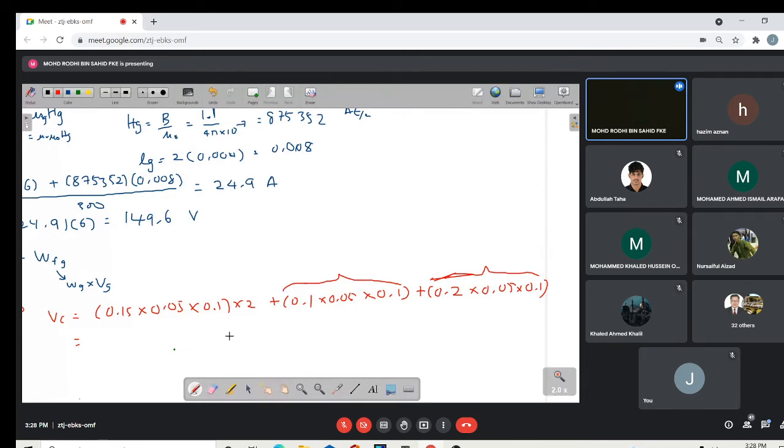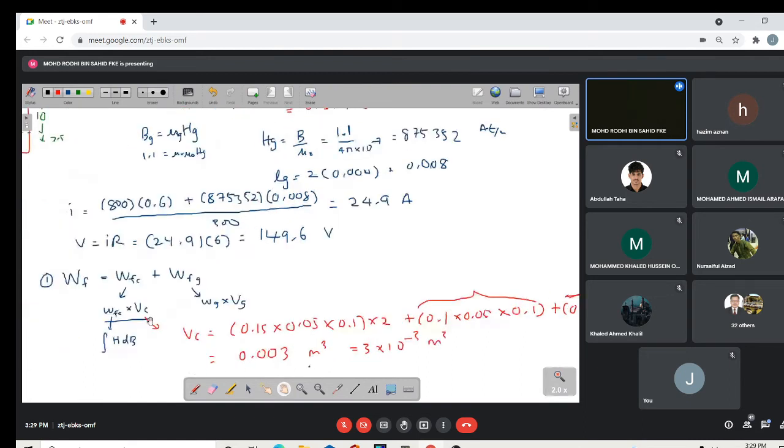Hello? 0.003 meter cube. Okay. So this will be 3 times 10 to the power of minus 3 meter cube. So we are done with the core.